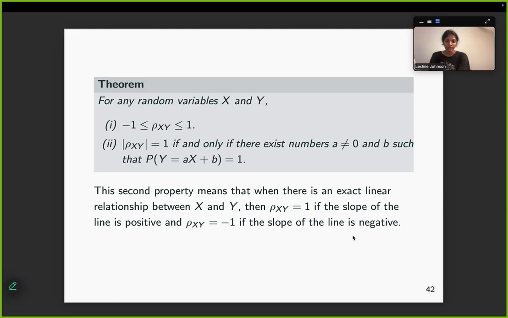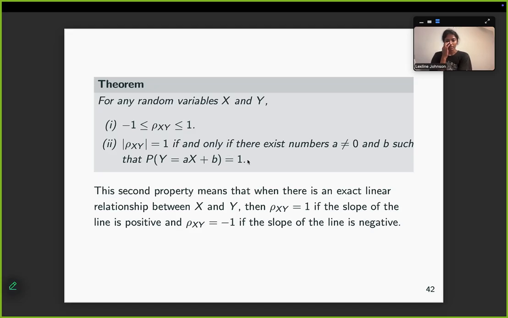So for any random variables x and y, our correlation coefficient will be between -1 and 1, and the absolute value of the correlation coefficient equals 1 only if there exist numbers a not equal to 0 and b such that the probability of y equals ax plus b equals 1.